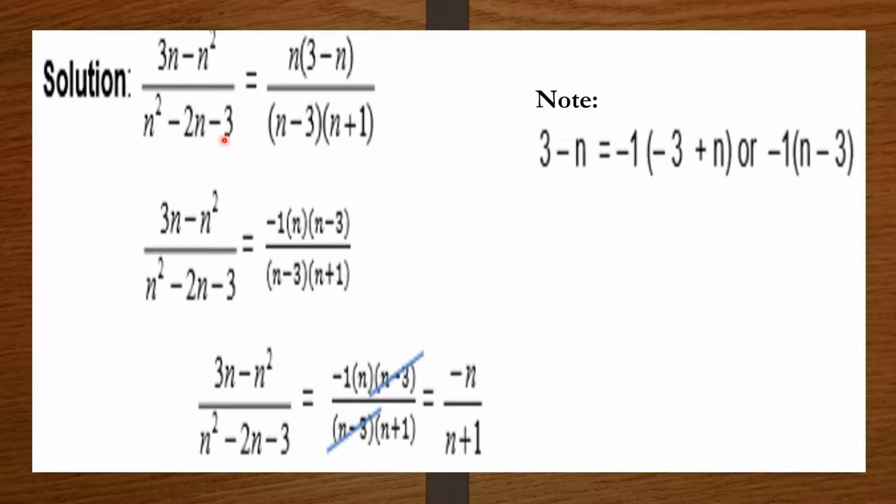Okay, first, let us write here the two grouping symbols or two sets of parentheses. We'll write down the factors of n squared first. That is n times n for the first terms. Okay, yung mga second terms, yun na yung mapipili nating factors ng negative 3 na mag-a-add sa negative 2.